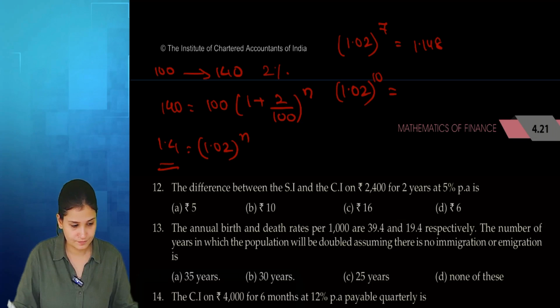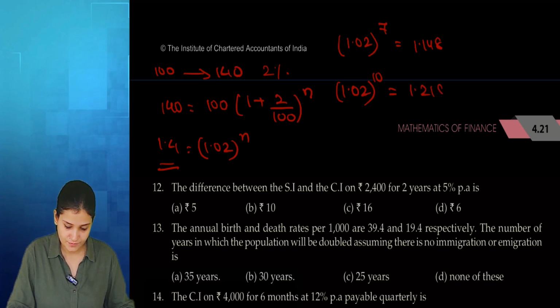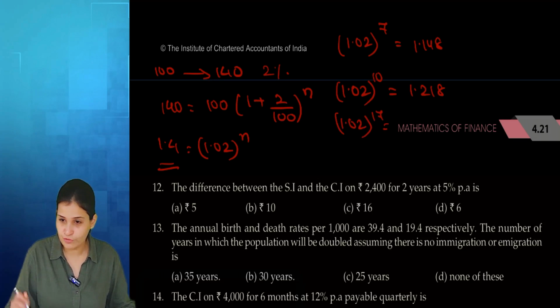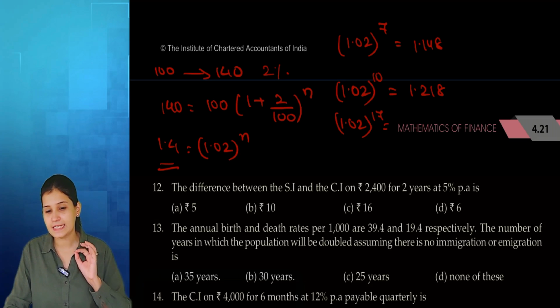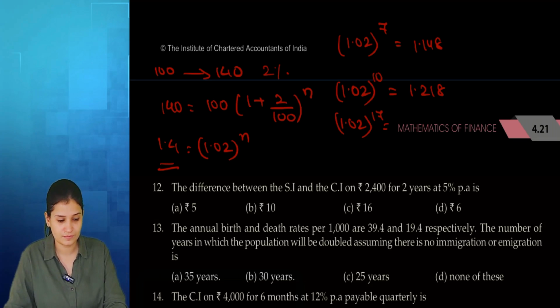Answer? 1.2189. Again very far. Go till 17. 1.4002. So almost 17. So our answer will be C, 17 years approx.